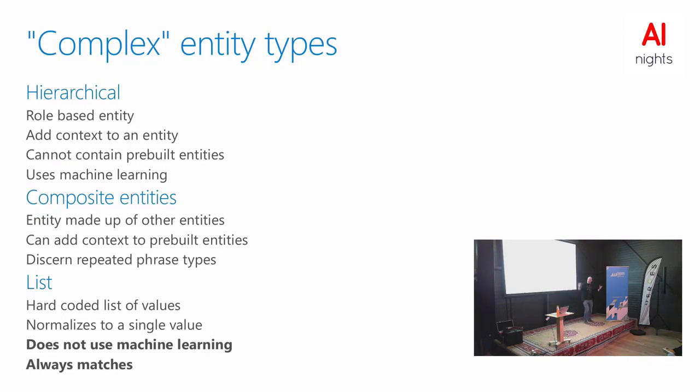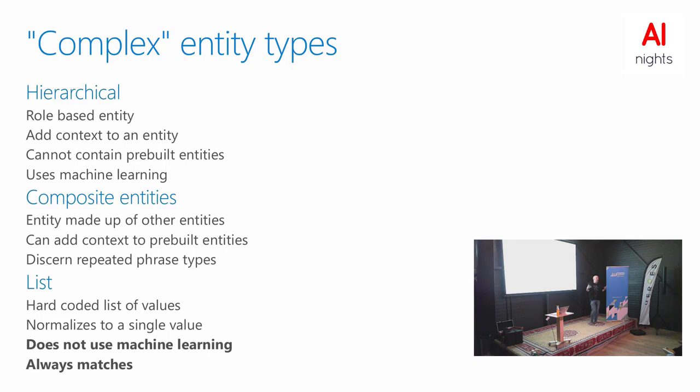So one other thing that you can do is you can start to expand out your entity types from there. And I'm going to talk about these just kind of at a real high level. I'll do a real quick demo of a composite entity in a moment. But you'll notice up at the very top is we have hierarchical.